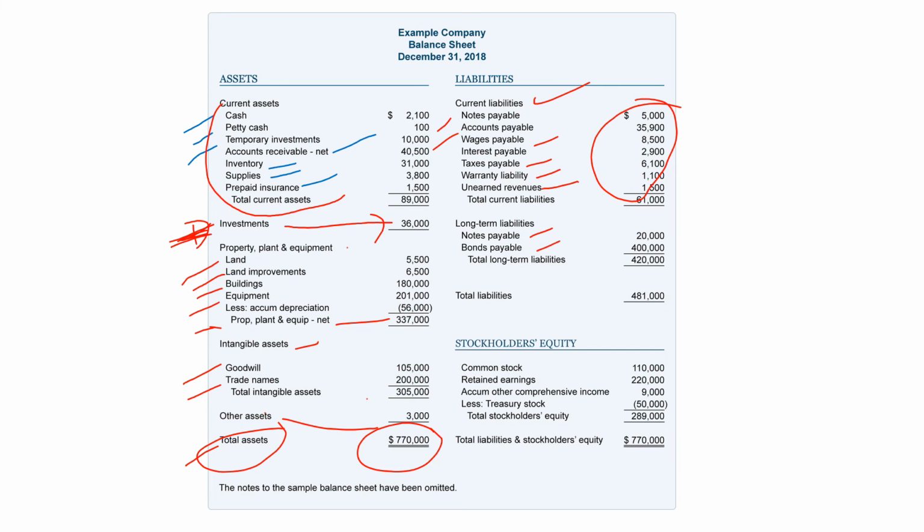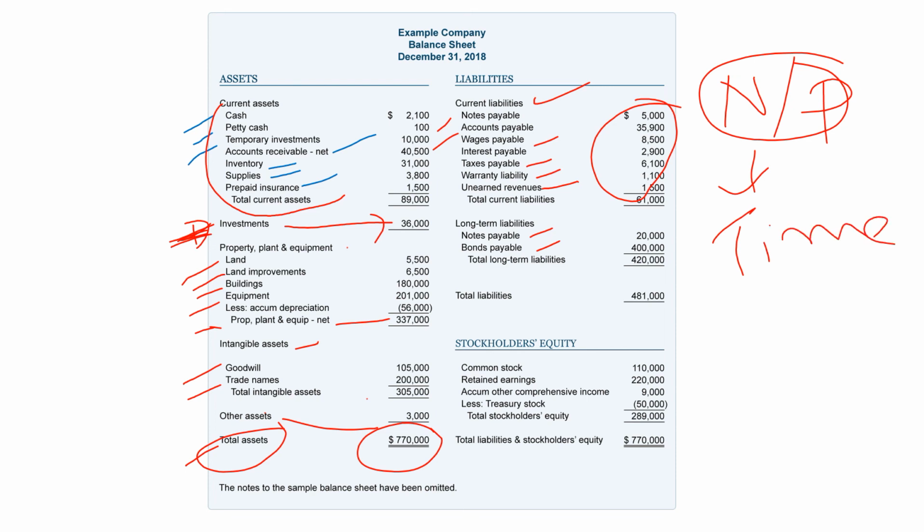When you see a note payable, it doesn't indicate whether it's long term or short term, but definitely it will have the time frame. If the note payable is for more than 1 year, that is a long-term liability. If you have to pay the note payable within 1 year or within the operating cycle, whichever is longer, that will be classified as a current liability. That is total liabilities.